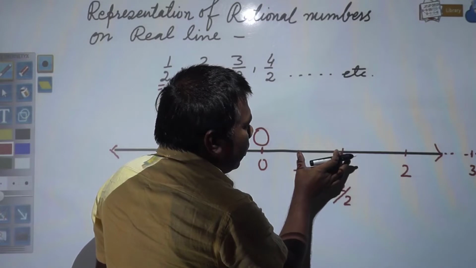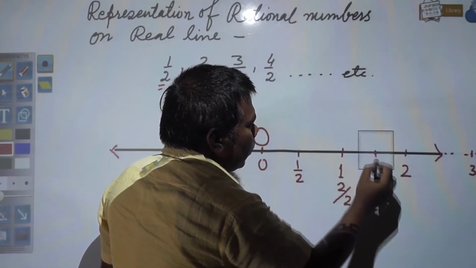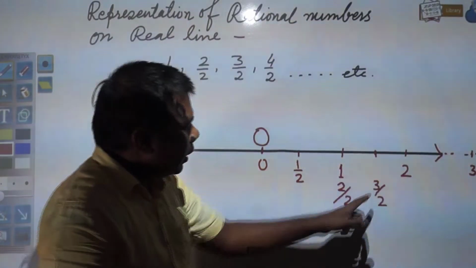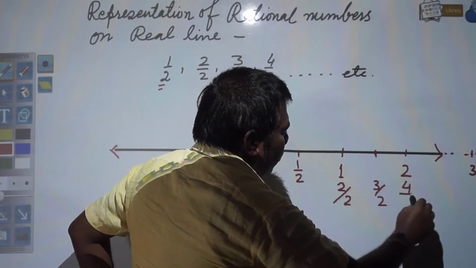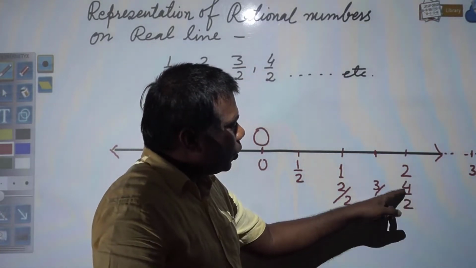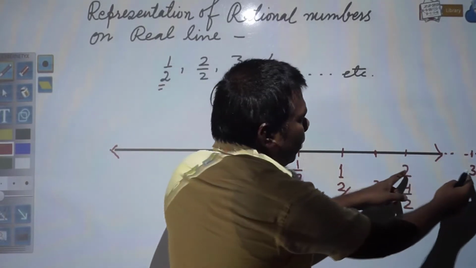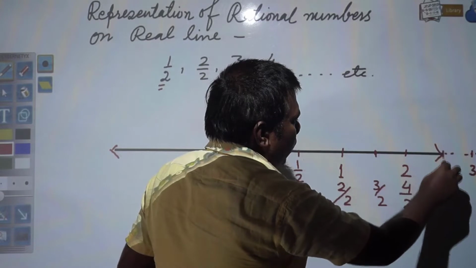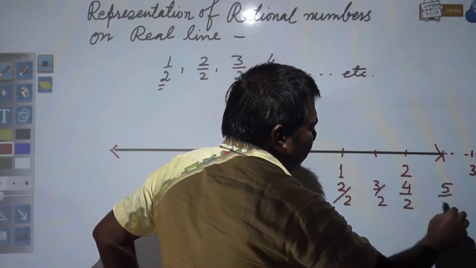Next, if you take the same distance over here, this will be 3 by 2 and this will be 4 by 2. When you cancel this, 2 twos are 4, you will get 2.